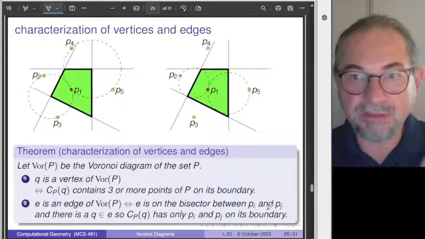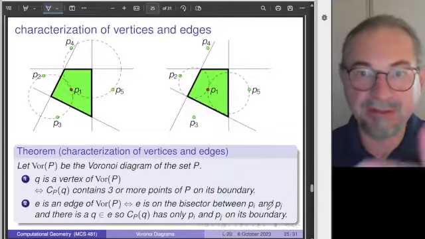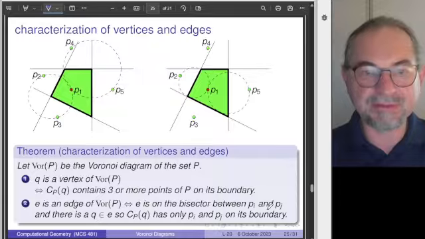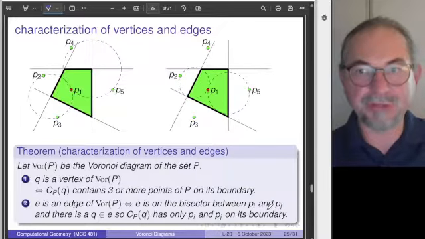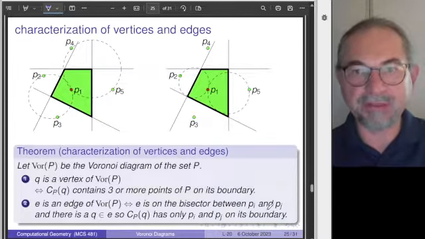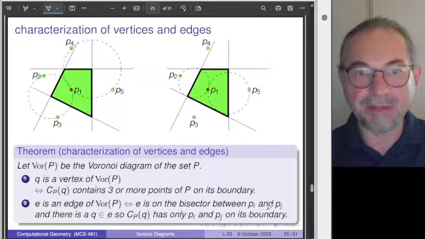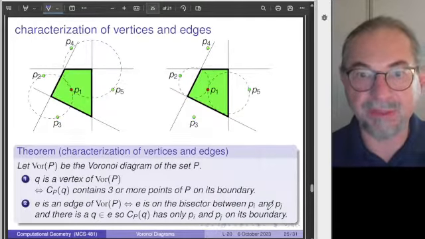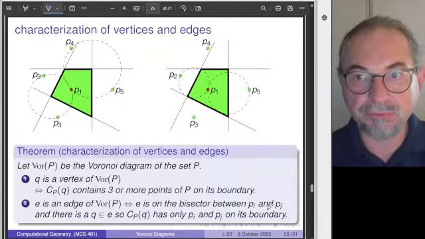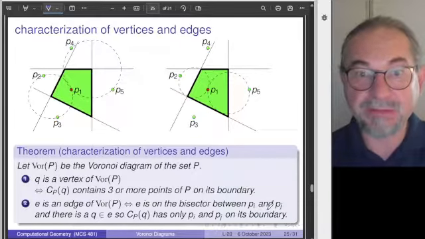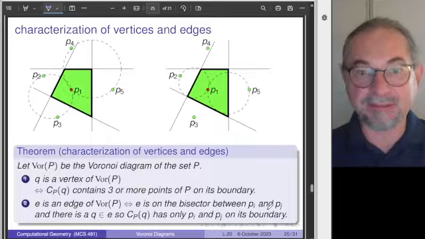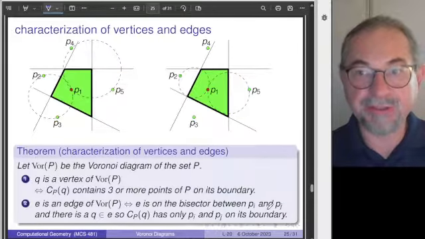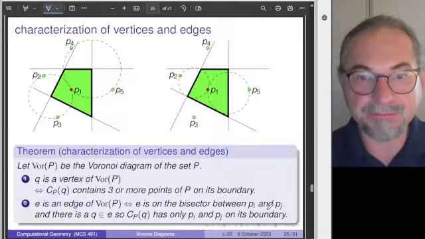All right, characterization of vertices and edges. Here are the pictures again. There is the definition of the largest empty circle, and then the observations that we made. The observations are here formalized in the theorem. The proof of this theorem is clearly and systematically writing down the observations that I made on the previous slide.